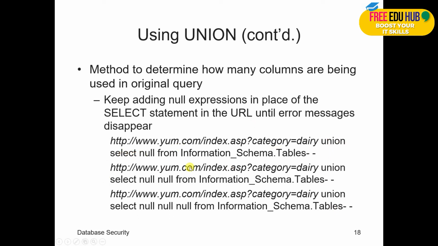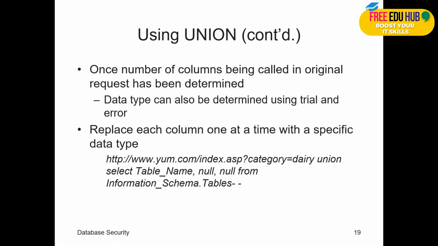They use union and then select null from information schema tables, and then he'll keep on incrementing to 2 times null and 3 times null till he gets the information about how many fields there are in that specific table. Once the number of columns called in the original request has been determined, the data type can be determined using trial and error. Replace each column one at a time with a specific data type, and then they'll proceed with that.